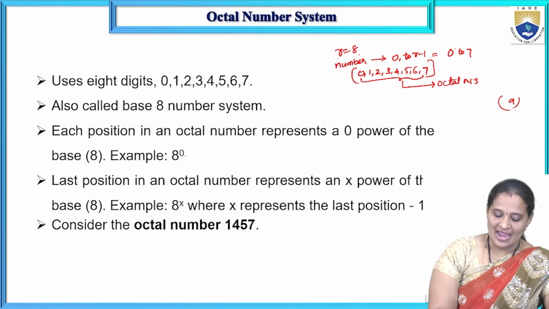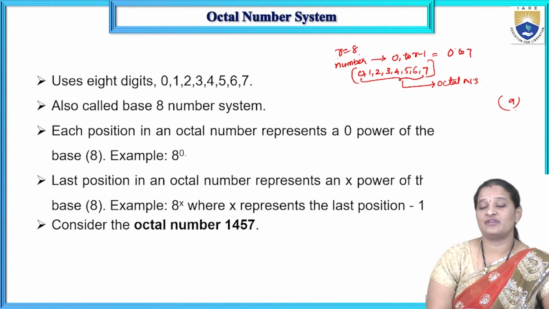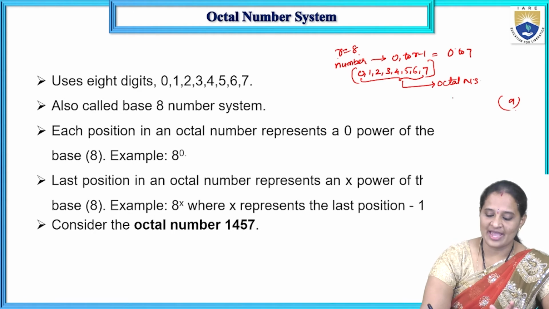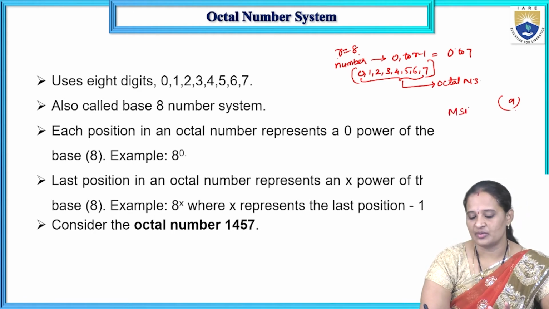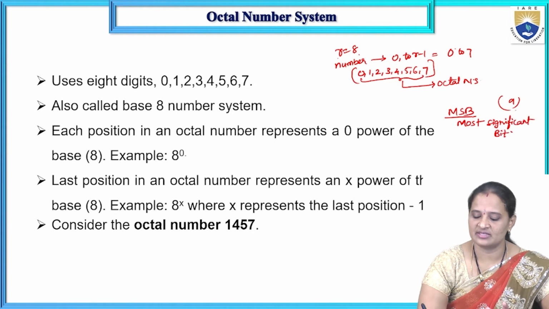Okay, and one more thing. Here we have to remember that the leftmost digit in any number system is called the most significant bit, or MSB. Why is it called a significant bit or significant digit?